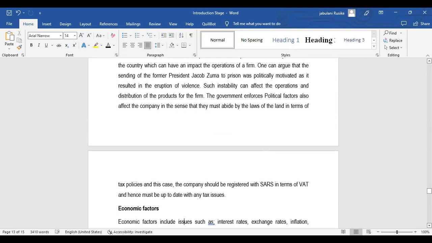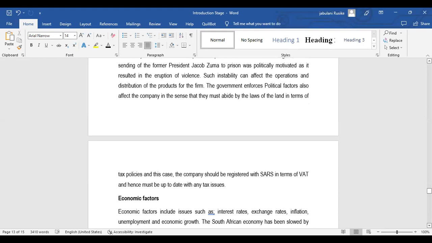An organization must abide by the rules of the land, must abide by the laws of that particular country. So it impacts its operations, because you are not just operating haphazardly, but there are certain laws enforced by the government that affect the operations of the organization. So there are so many examples of the political factors that you can use.